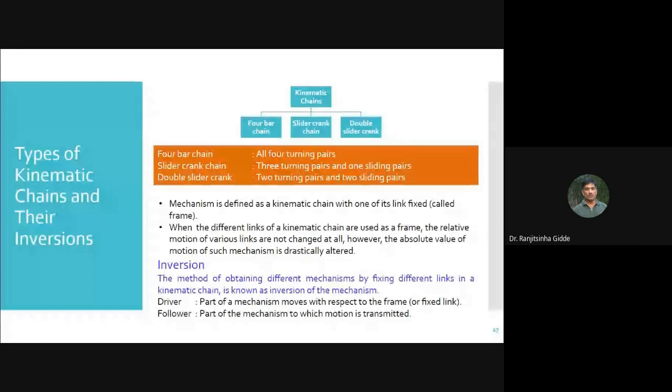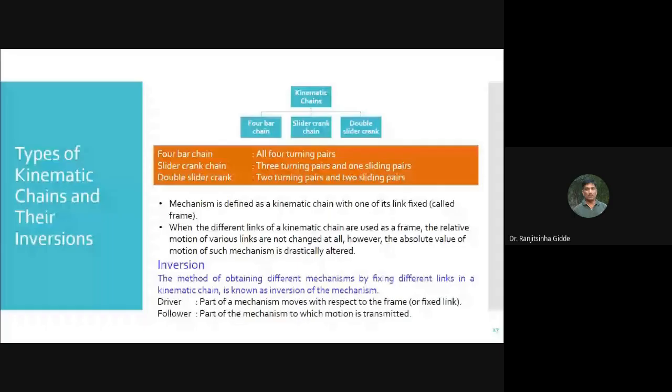Various links are combined to perform certain tasks, and that is nothing but the kinematic chain. There are three types of kinematic chain. One is 4-bar chain, second one is slider crank chain, and third one is double slider crank.